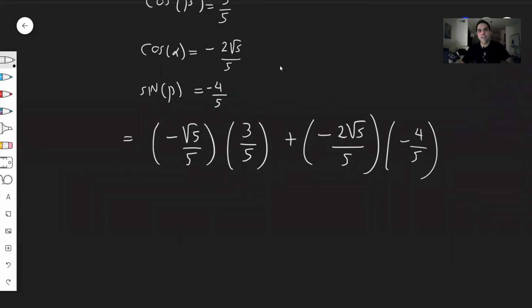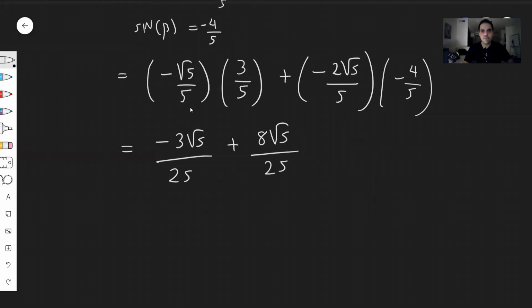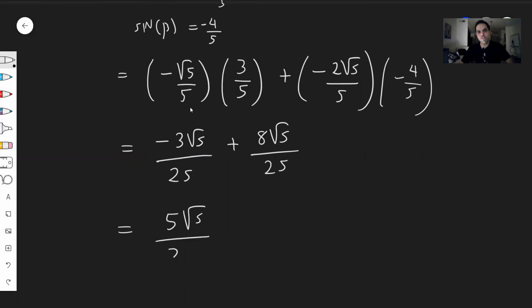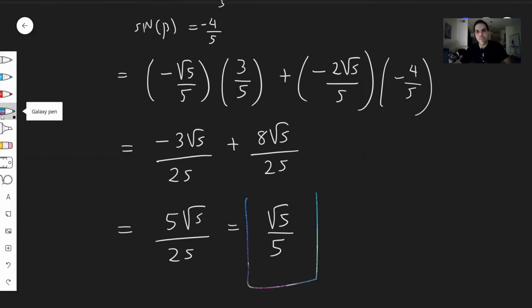This becomes minus 3 square root of 5 over 25. And again, minus minus plus 8 square root of 5 over 25. And then this becomes 5 square root of 5 over 25. And that just becomes square root of 5 over 5. So that's the answer for sine of alpha plus beta.